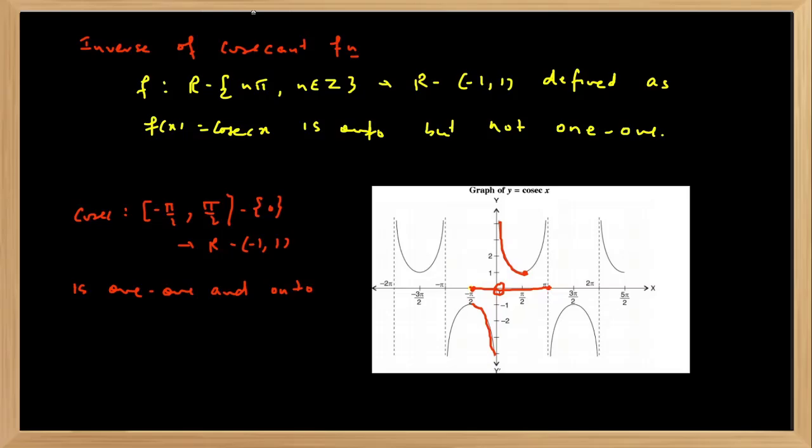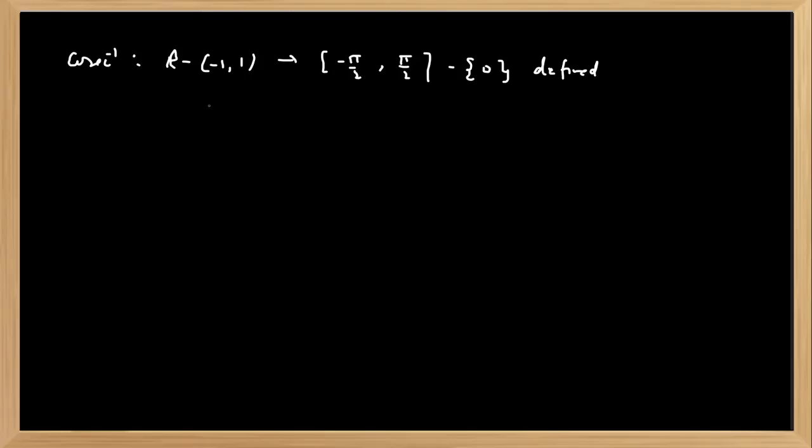Therefore we can say cosec inverse is a function from R minus (-1, 1) to -π/2 to π/2 excluding 0, defined as cosec inverse x is y if and only if cosec y is equal to x.